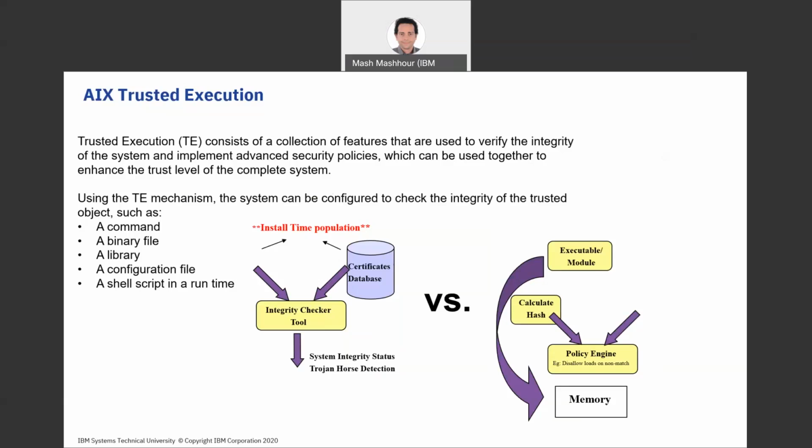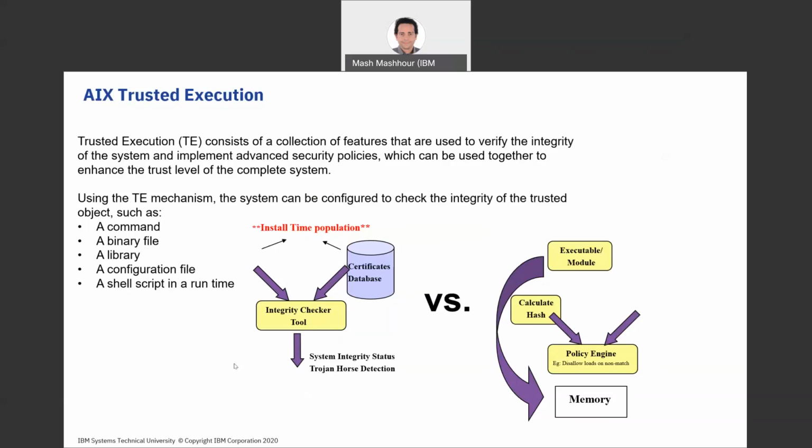Okay, so what are the objects that I need to check the integrity for? Like a command, for example. If you have a command and you change it, for example its size, let's say its checksum changes, right?